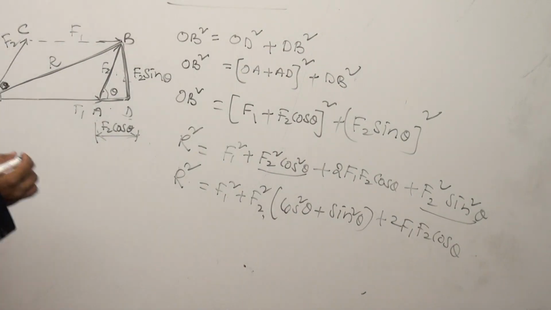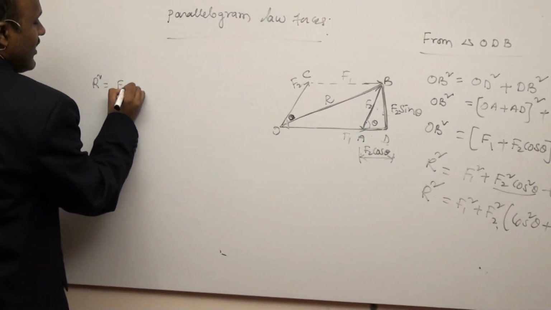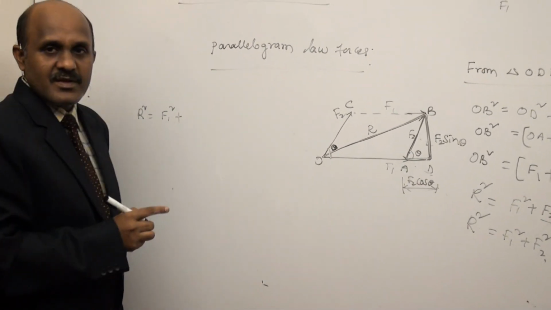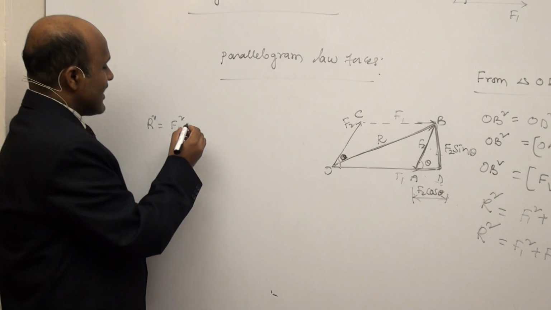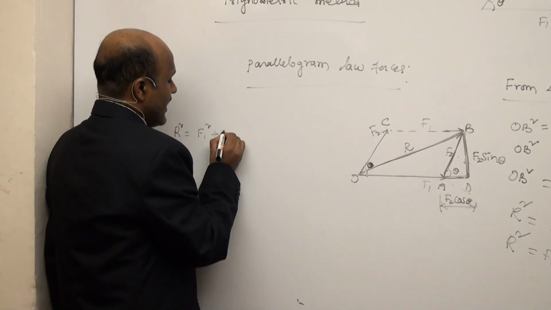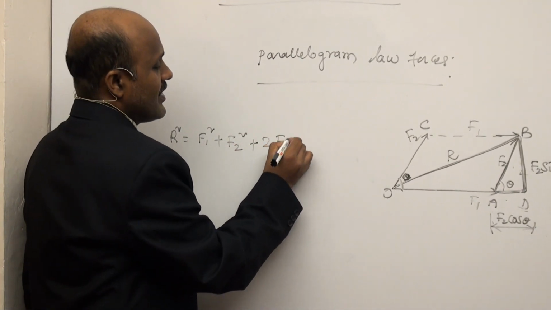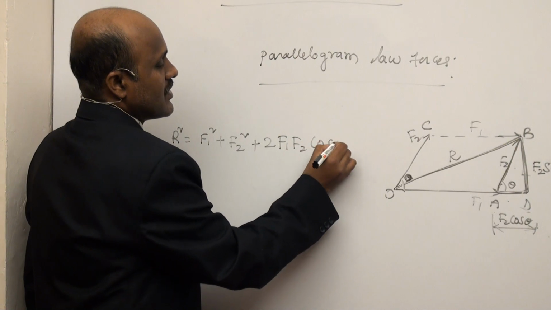Now R square is equal to F1 square plus F2 square, where sin square theta plus cos square theta is equal to 1 according to trigonometry, plus 2F1 F2 cos theta.